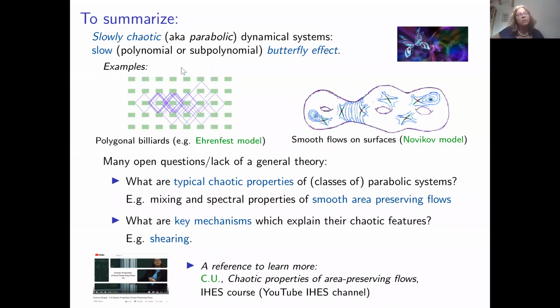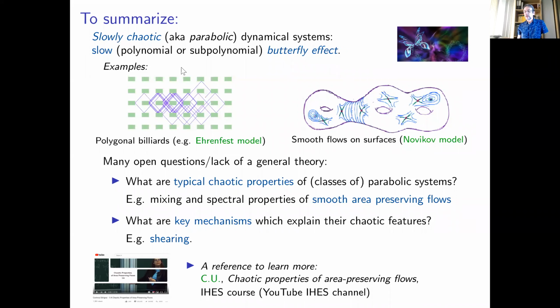And actually something which people are doing nowadays is trying to develop better notions of entropy, so-called slow entropy. Even though the usual entropy is 0, these systems have positive slow entropy. And you can measure slow entropy in terms of this slow divergence. Katok has started this, Kanigowski and other co-authors have been working on it. So they have positive slow entropy, okay?